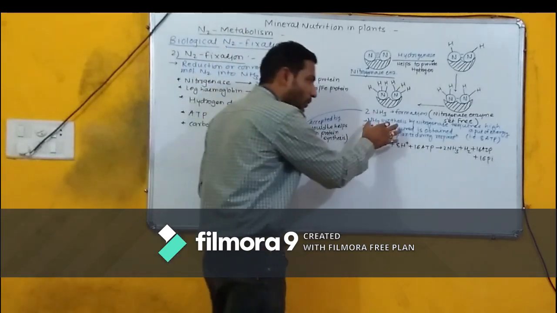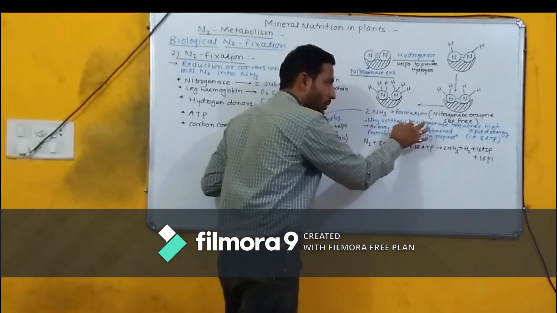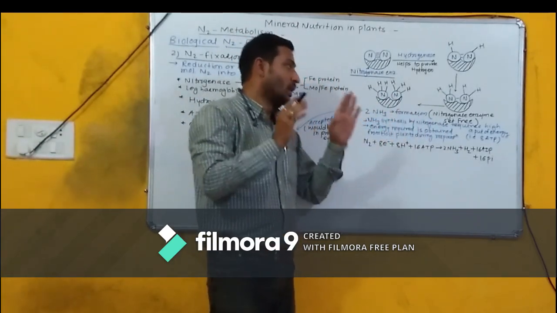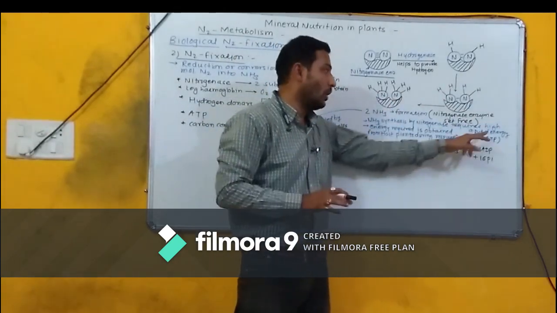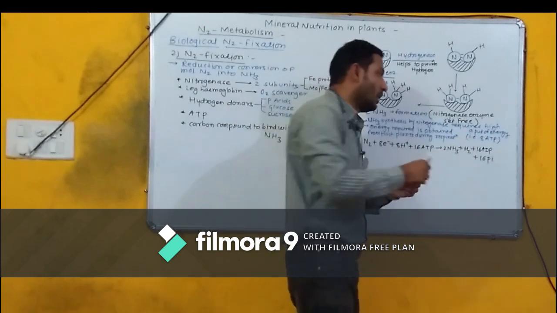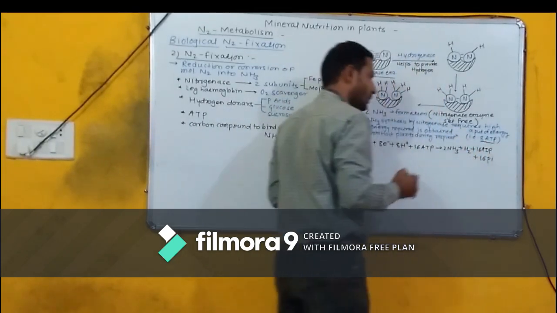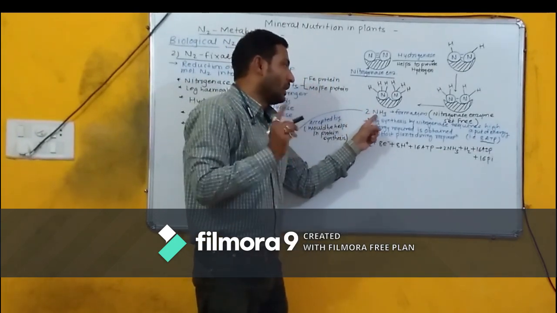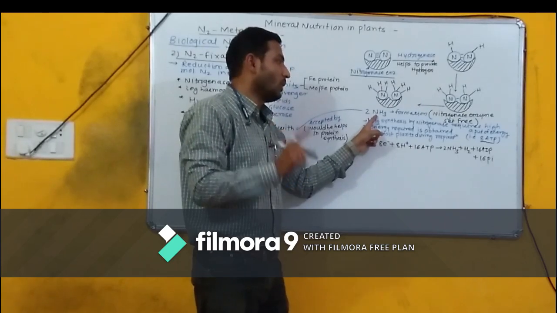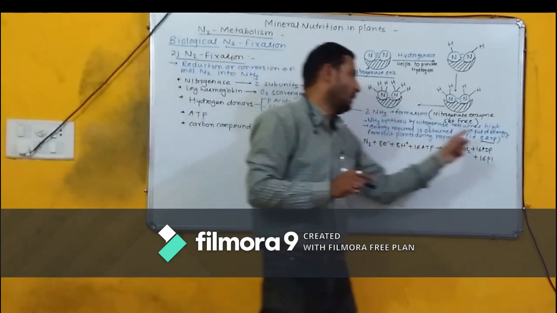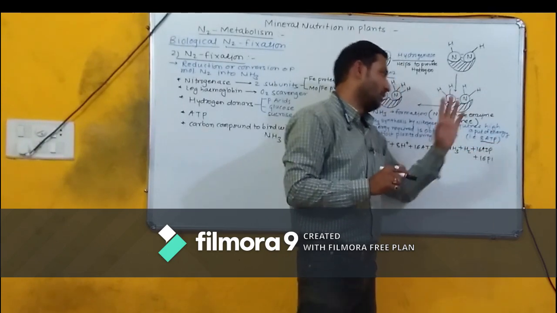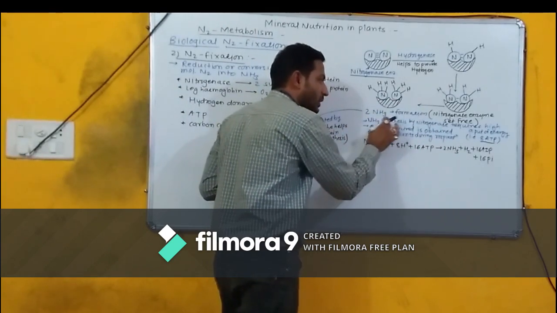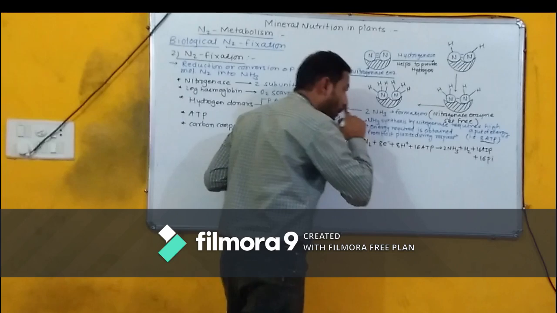Now, for the synthesis of ammonia by the nitrogenase enzyme, it requires a high input of energy, that is 8 ATP. For the formation of each ammonia, it requires 2 ATP. That's why 8 ATP is required here. NH3 synthesis by nitrogenase requires a high input of energy.